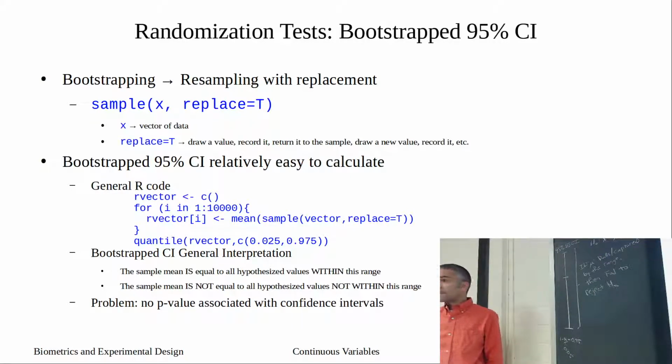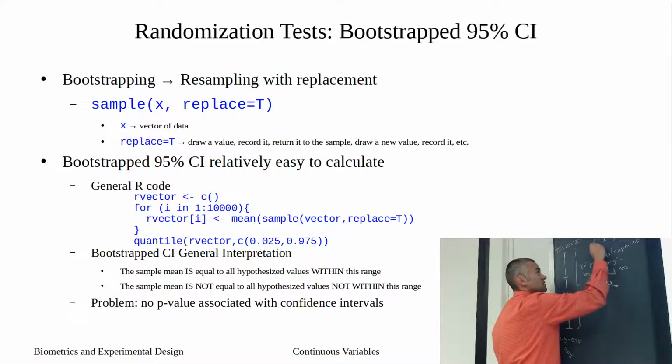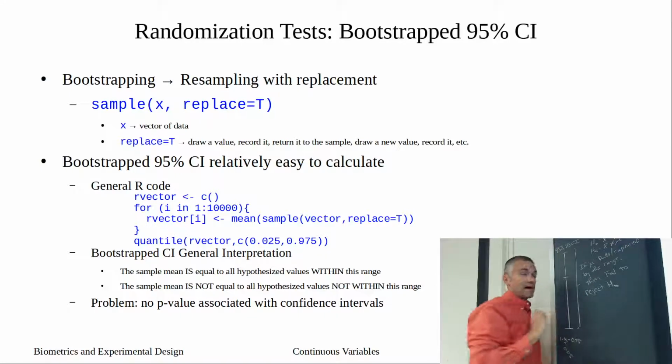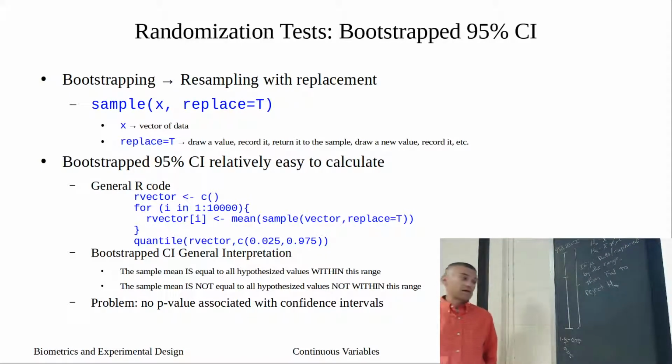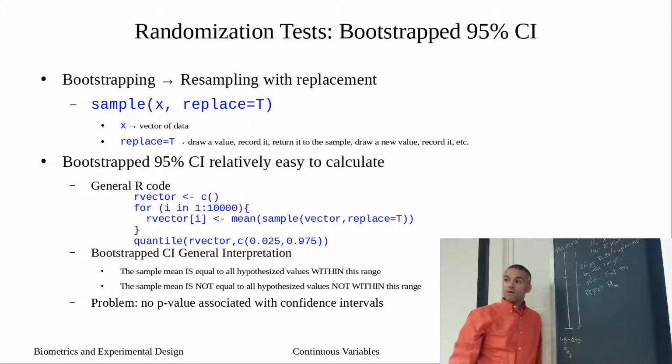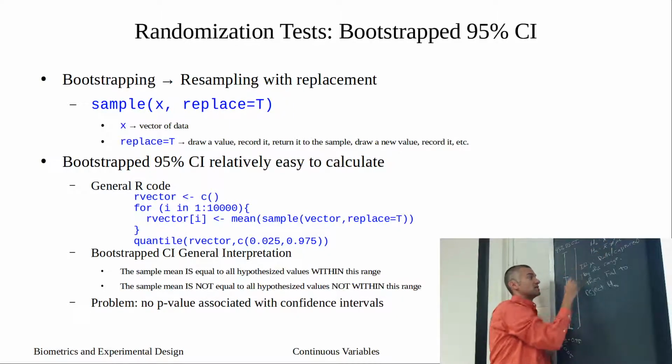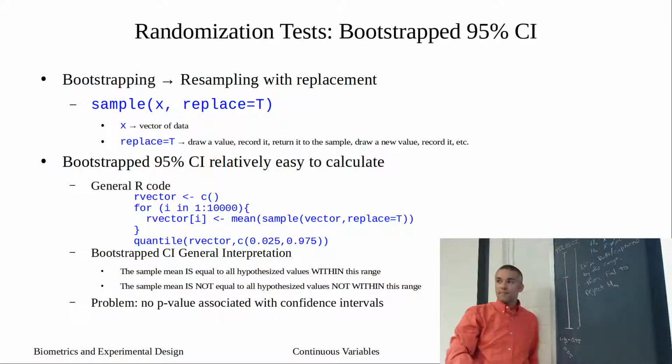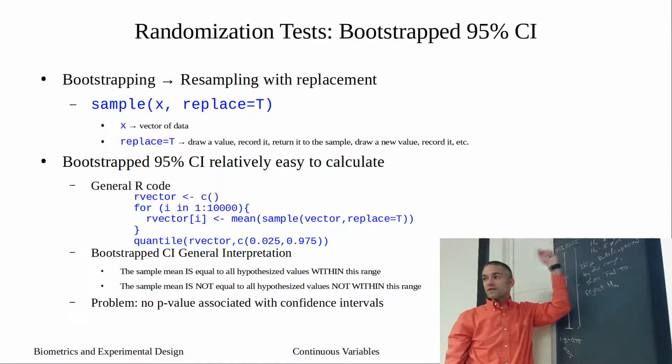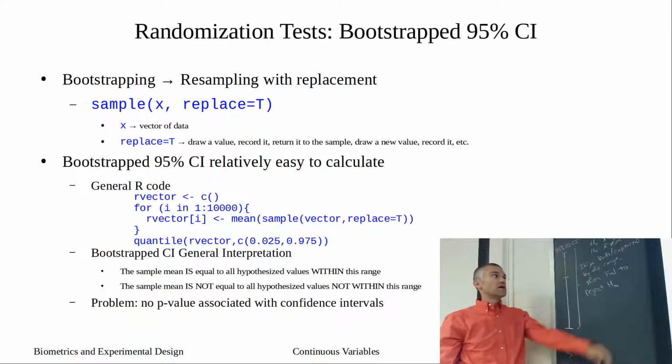All right. Our alternative in this case will be that our sample mean is not equal to that hypothesized mean, because we're going to allow our mu to fall either above or below our confidence interval. If this hypothesized mean, this mu, is captured by our bootstrap confidence interval, then we conclude that our means are equal. If this confidence interval does not capture our hypothesized value, then we can conclude that they are not equal.